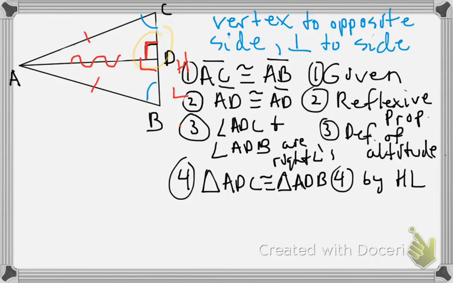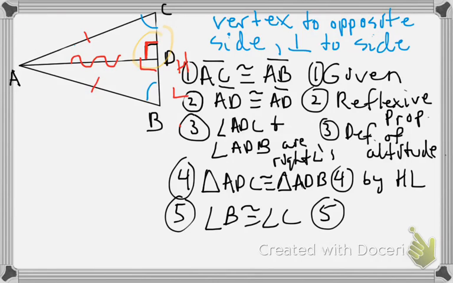Now that we know that that's true, we can say angle B is congruent to angle C, which is also proving the base angle theorem, by CPCTC. And we've proven it.